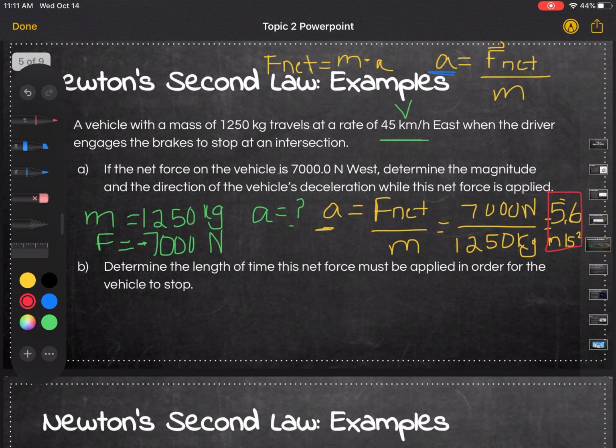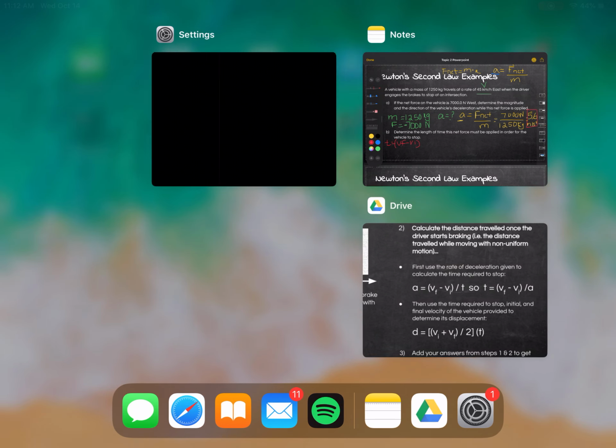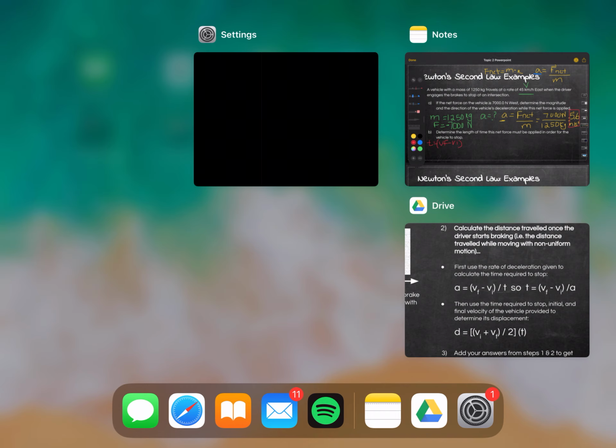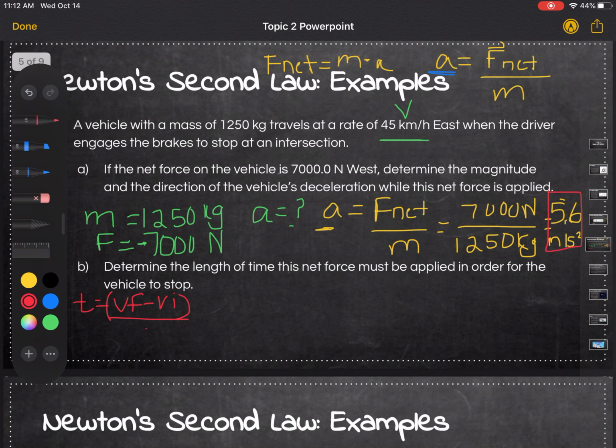So if I go over here, T is equal to VF minus VI all divided by A. So we can use this formula to figure out the time that it took us to stop.